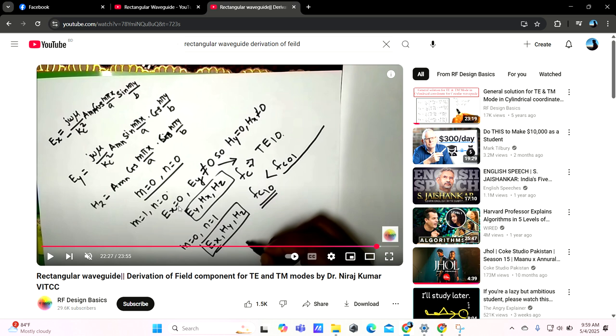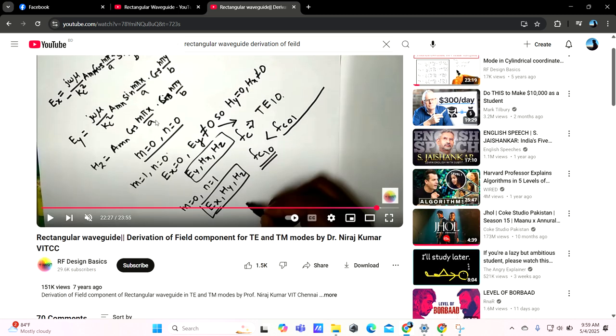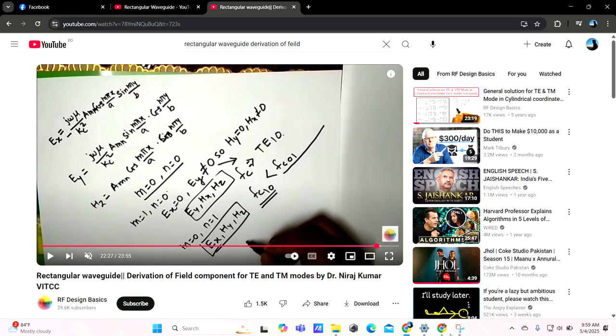Here we found Ey and Hx. If m equals 1 and n equals 0, and m equals 0 and n equals 1, we get this type of components, pretty opposite of this one, I guess.